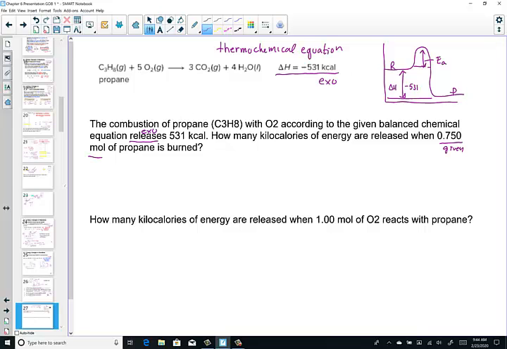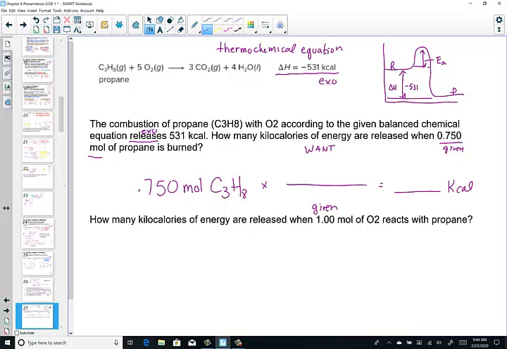We have 0.750 moles of propane. And this is just a conversion of what we've been practicing: what do we want from given. Well, we want to solve for kilocalories given the number of moles of propane. Given a mole, calculate a kilocalorie of energy.